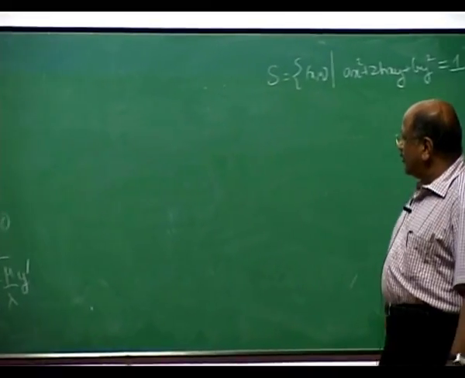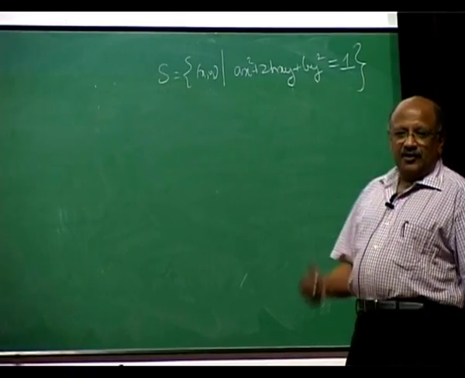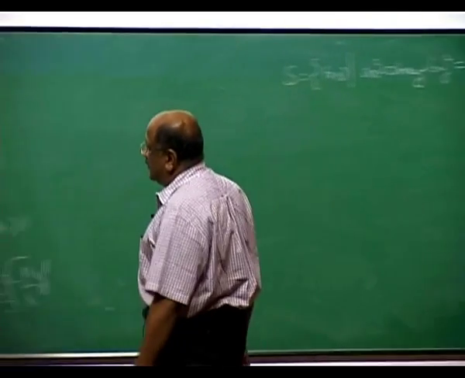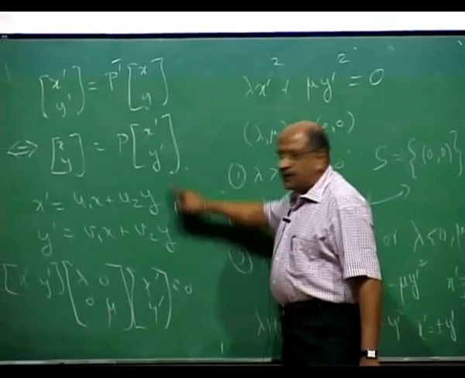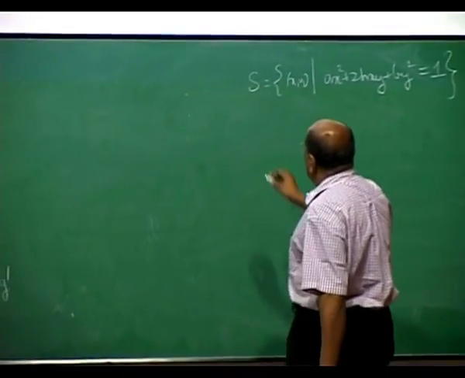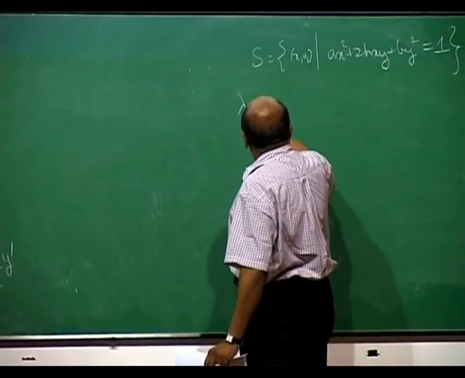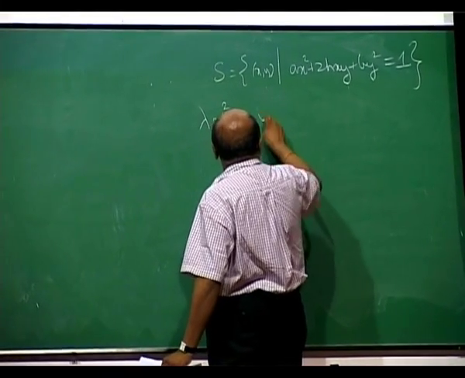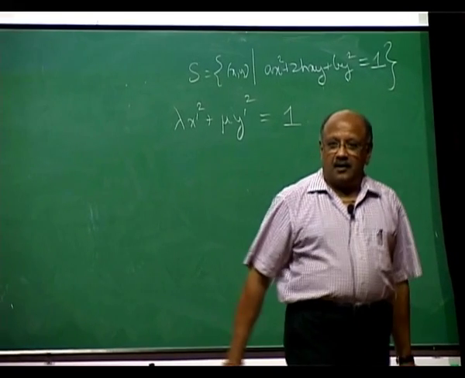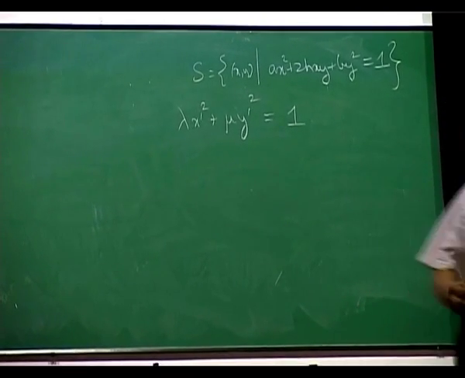As before, you compute the eigenvalues lambda and mu, which are real, compute the normalized eigenvectors, and make this change of variable. Exactly what I did a few minutes ago. We'll now convert the equation to lambda x dash square plus mu y dash square equal to 1.